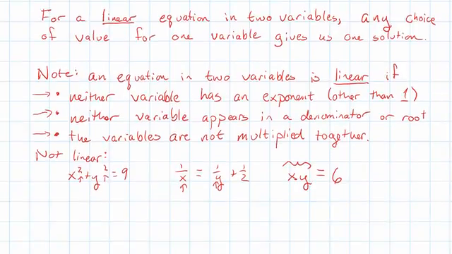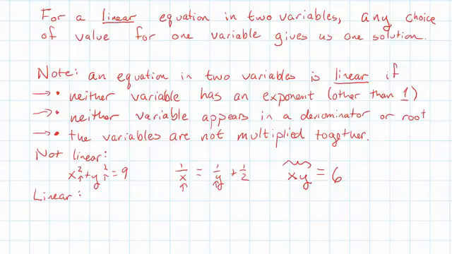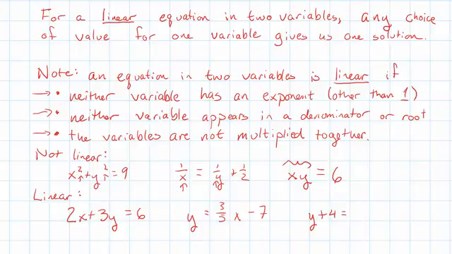So these equations are not linear. Some examples of equations that are linear: 2x plus 3y equals 6, y equals 3/5 x minus 7, and y plus 4 equals 1/2 x minus 3. All of these equations are linear.